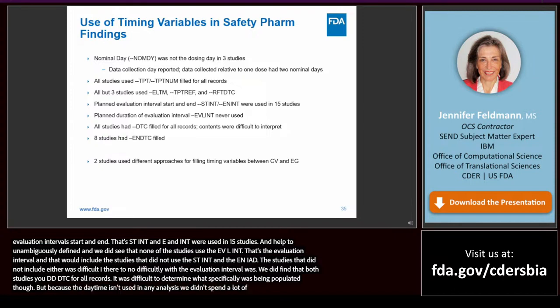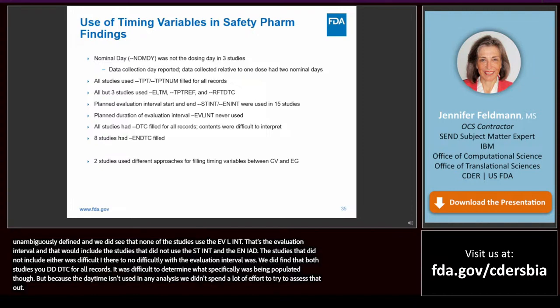And then we did see that 8 of the studies had the ENDTC, or the end date time of collection, as well. And then we had 2 studies that had different approaches for filling the timing variables between CV and EG.